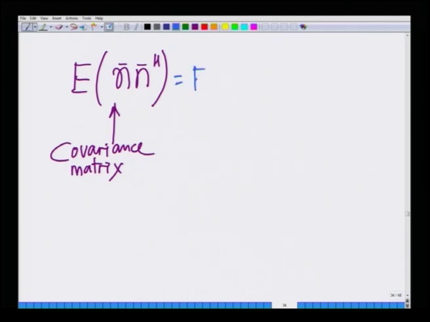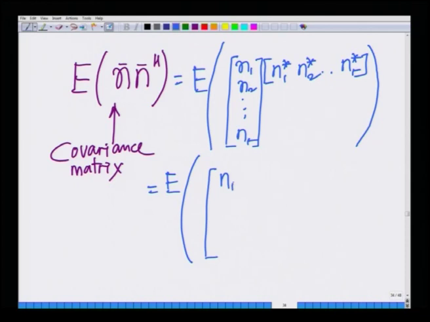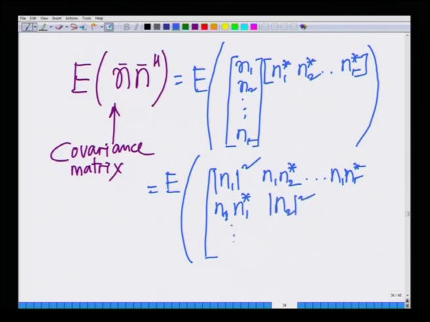This covariance matrix is expected n1, n2, so on up to nr times n Hermitian, which is you take transpose and conjugate, that is n1 conjugate, n2 conjugate, nr conjugate, which is nothing but expected n1 n1 conjugate, which is magnitude n1 square, n2 n1 conjugate, n1 n2 conjugate, so on up to n1 nr conjugate, and so on up to nr n1 conjugate, so on up to magnitude nr square.